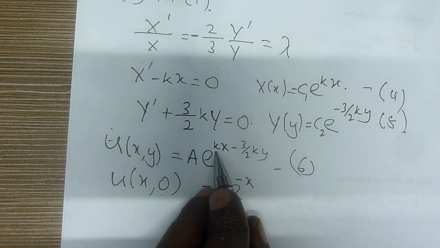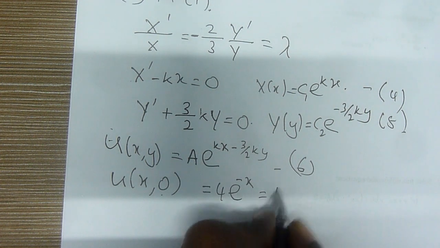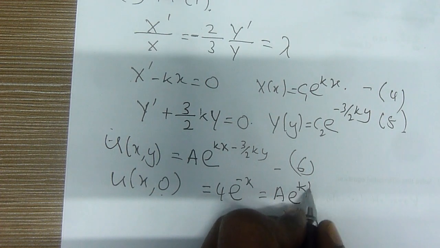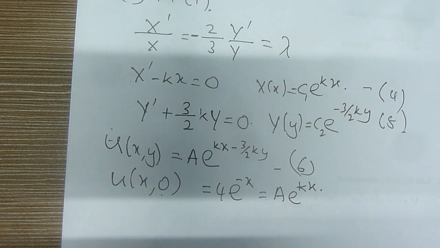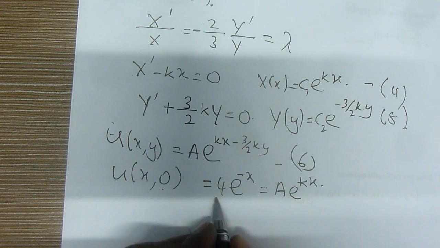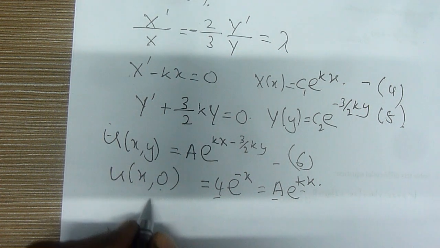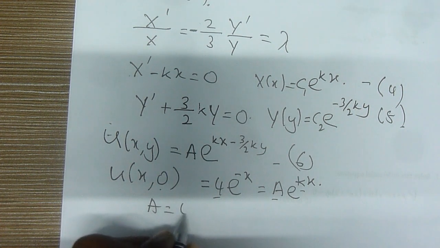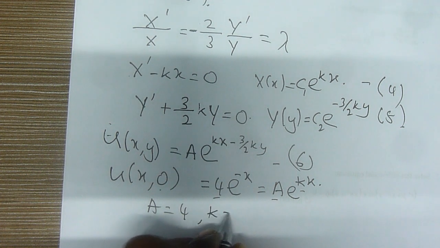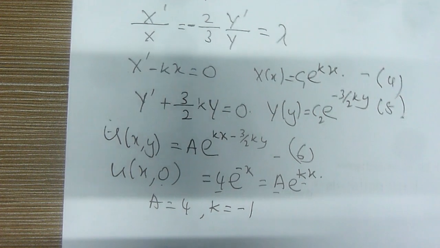Therefore, you get A e^(kx). Now, can I compare? Yes. Therefore, A stands for 4, and k is negative 1.